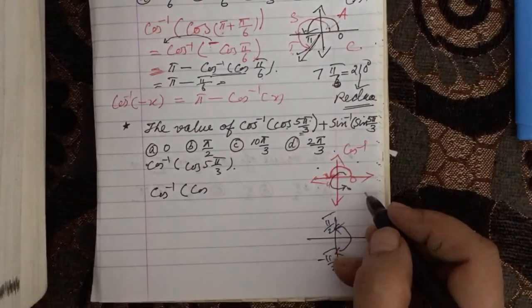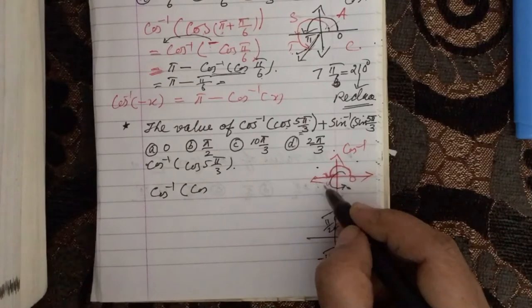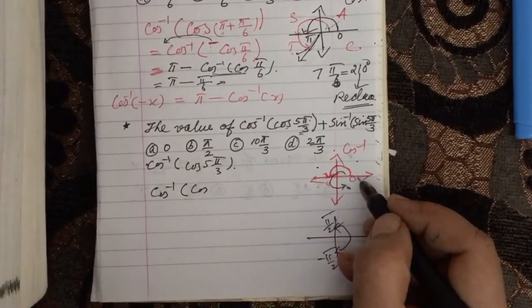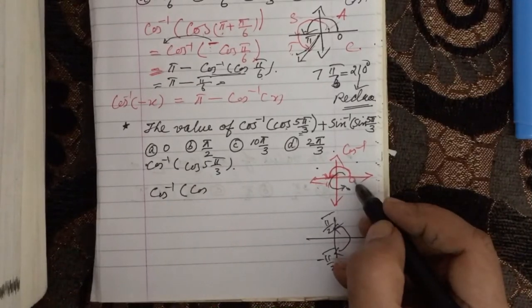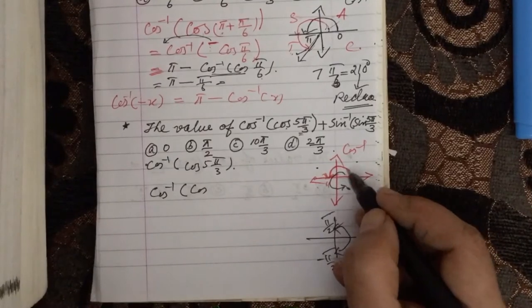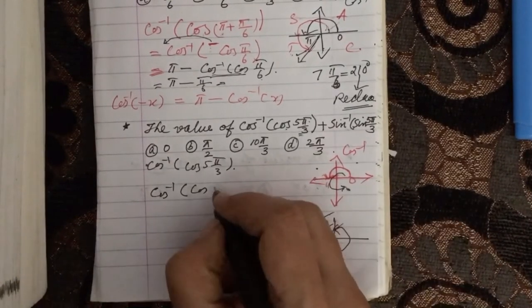How to split the fourth quadrant angle? Always you split the angle from an angle on the x-axis. So it is 2 pi. This is 300, and 360 is one complete rotation. Our angle is 300, so we can subtract from 360.